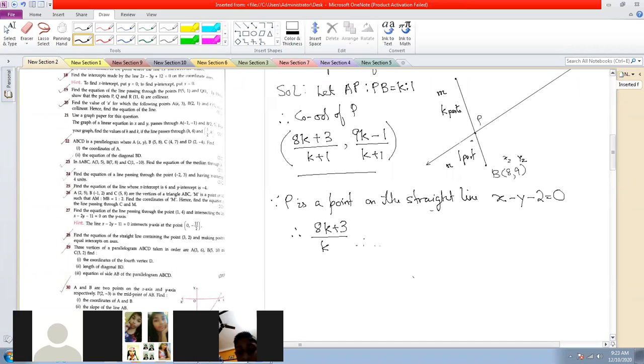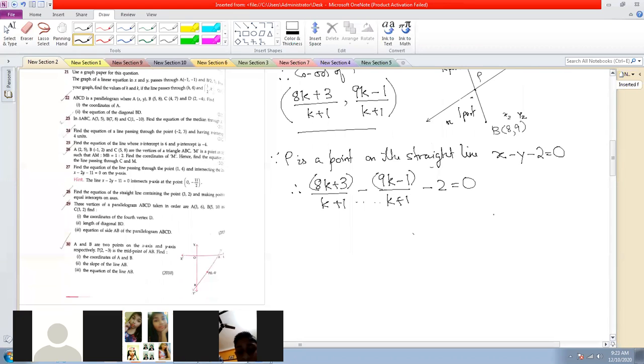So put x is equal to (8k plus 3) by (k plus 1) and put y is equal to (9k minus 1) by (k plus 1), minus 2 equal to 0. So we get an equation in k. From here we can find out the value of k.